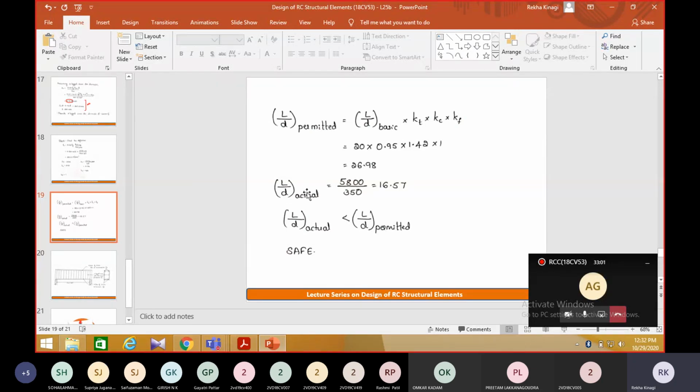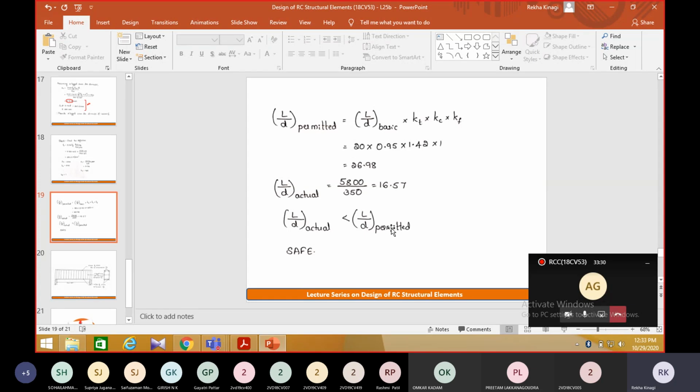So L by D actual is nothing but effective span divided by effective depth. The value is 16.57. So comparing L by D actual with L by D permissible, we can say that L by D actual is less than L by D permissible, hence the design is safe.